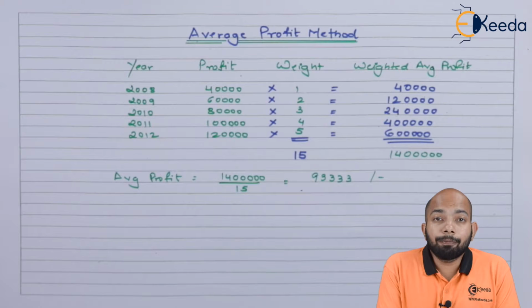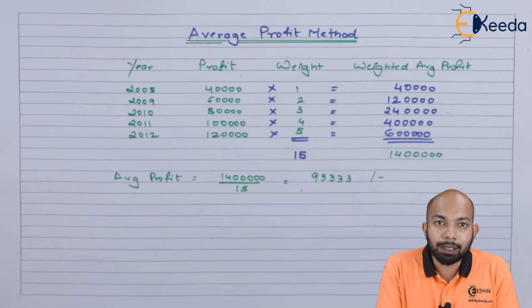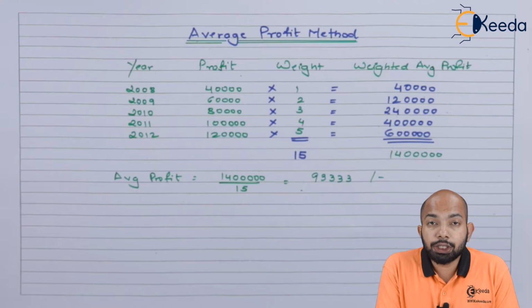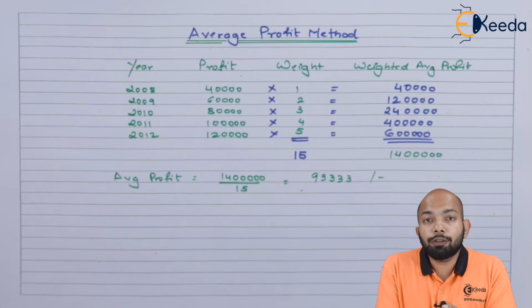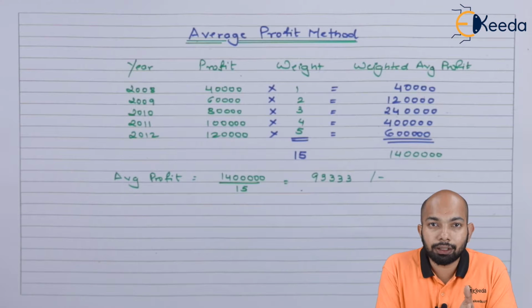Now, if we can figure out, we have mentioned the average profit which has been calculated here as per the weighted average method, whereby we have also mentioned that the total of weighted average profit here goes as 14 lakhs and the total of the weights goes to 15. So 14 lakhs divided by 15 gives you a total of 93,333.